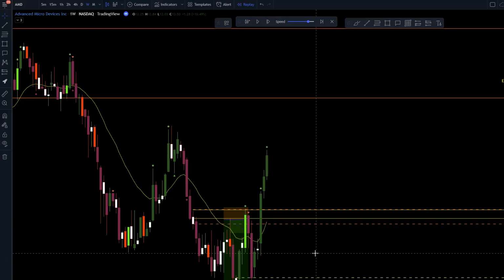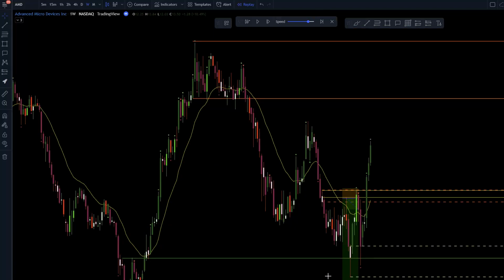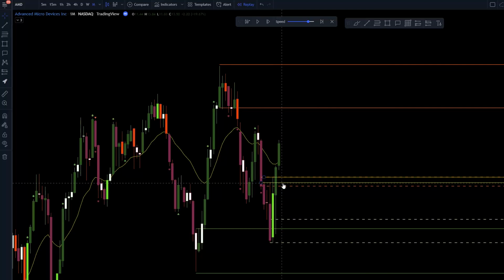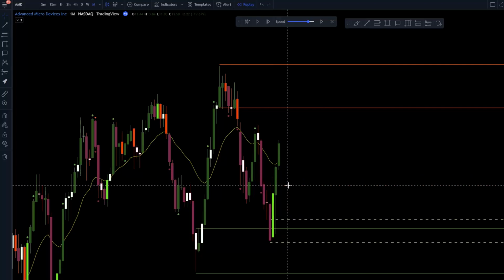So again, good idea to get it in time. This may have not reached 1:6. Our aggressive target, super aggressive 1:10, was not reached.